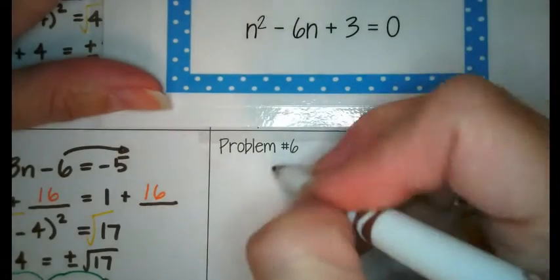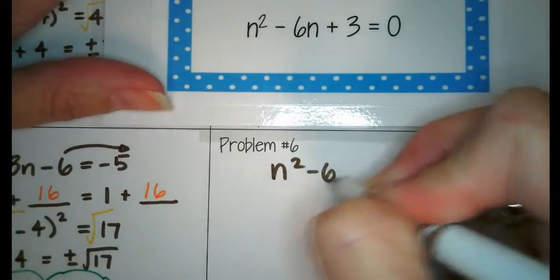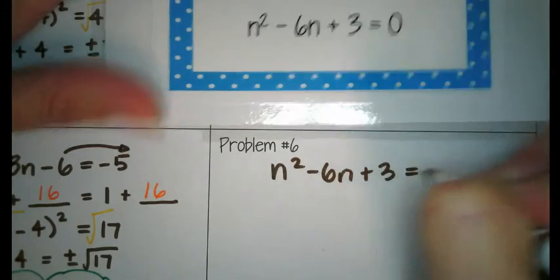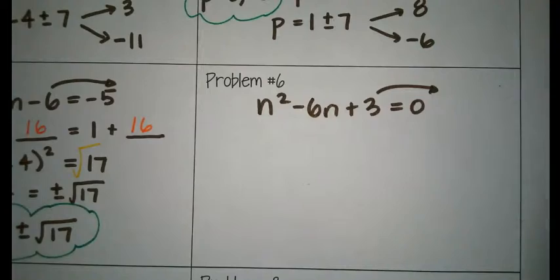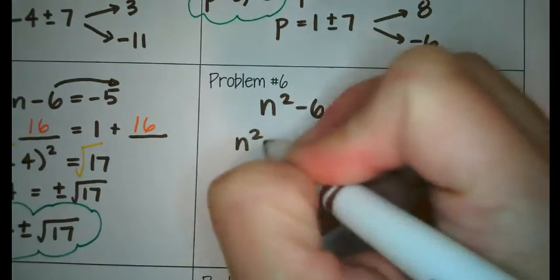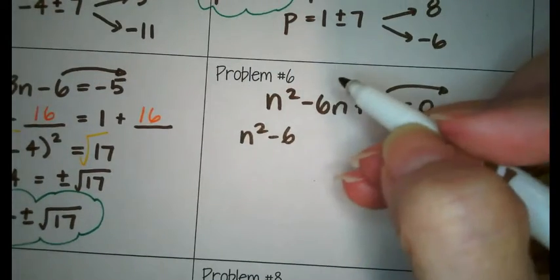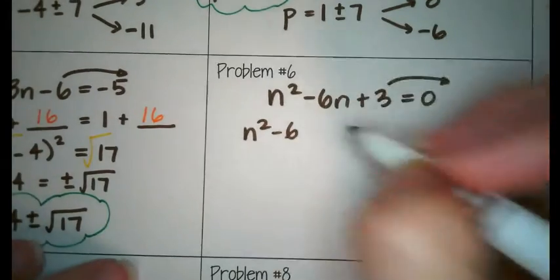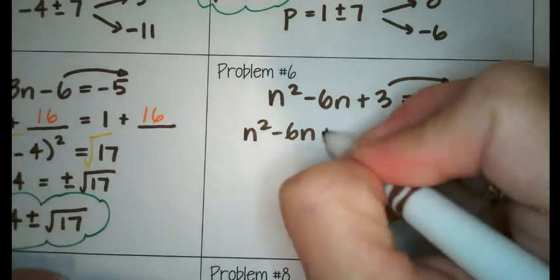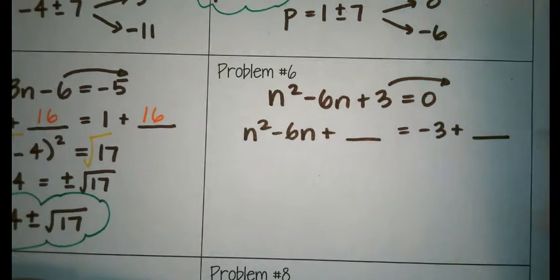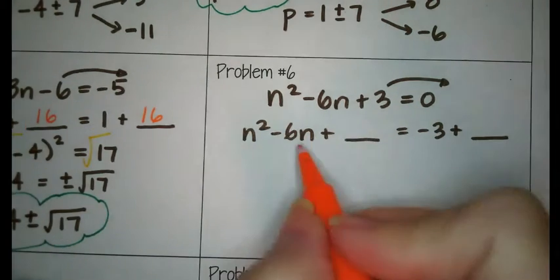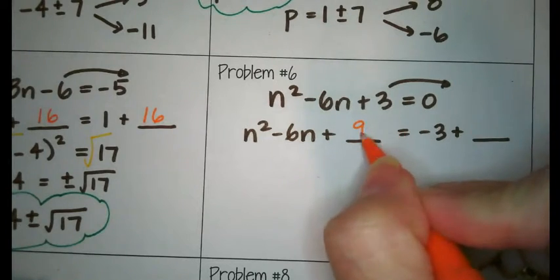All right, next up, number 6. All right, n squared minus 6n plus 3 equals 0. All right, so first thing we need to do, shift that over there. N squared minus 6n plus blank equals negative 3 plus blank. All right, the magic number here is 9.